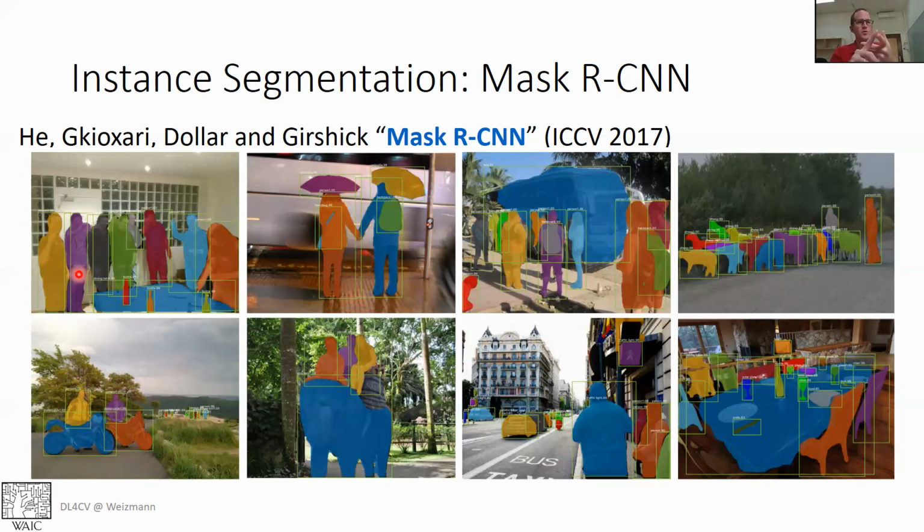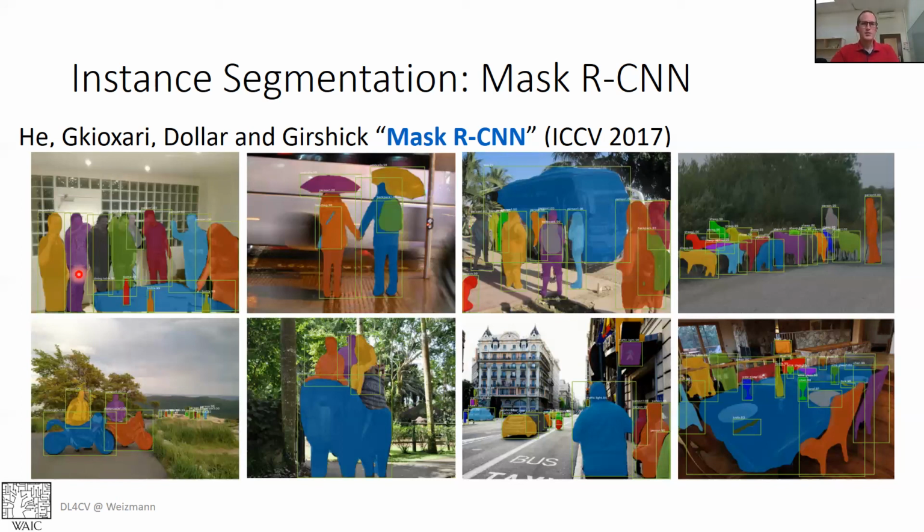For instance, if you want to predict not only the location of faces, but also the locations of the eyes, mouth, and nose, you can have an additional head that outputs these landmarks for faces. If you want to predict the skeletons, the pose of a person, where its joints are, then you take Mask-RCNN and add just an additional head for these person regions. So this is very versatile.